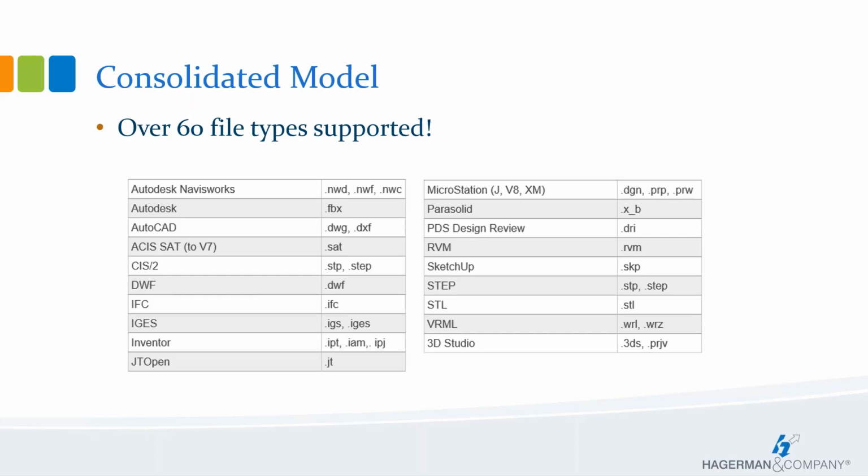The first one I would like to discuss here is the fact that you can take models from all different trades and combine them into one file in the form of a consolidated model.